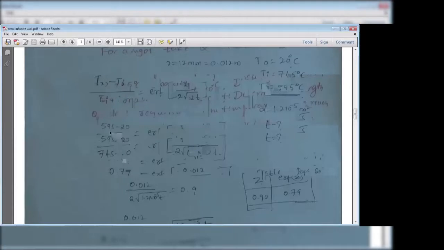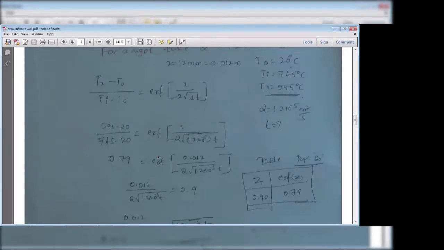So you have (595 minus 20) divided by (745 minus 20) equals 0.79, erf of 0.112 over root t. Okay, x is given. We need to calculate t. Understand? So here we have to look into the table. This term is called Z. So the total is erf Z, the error function of Z.